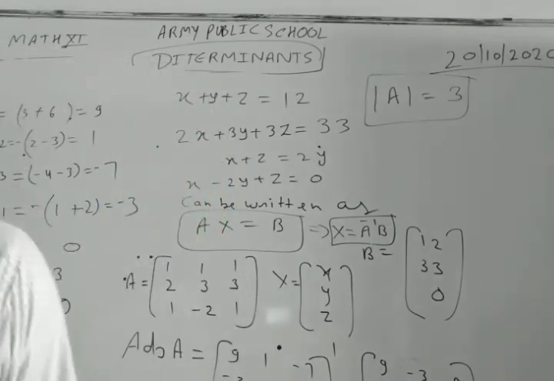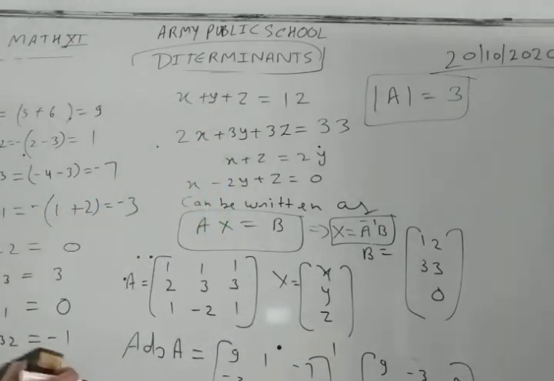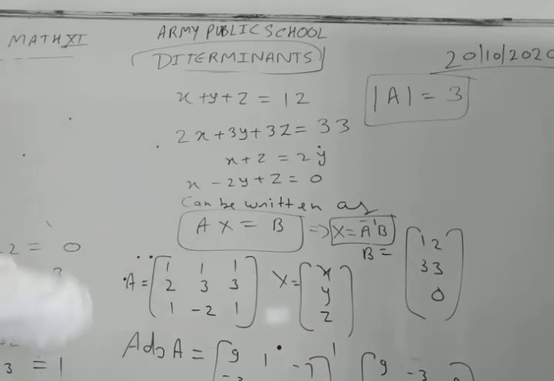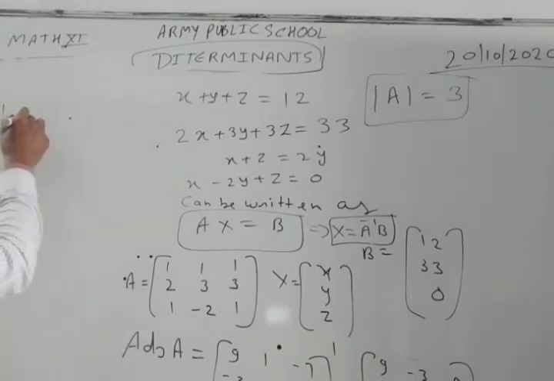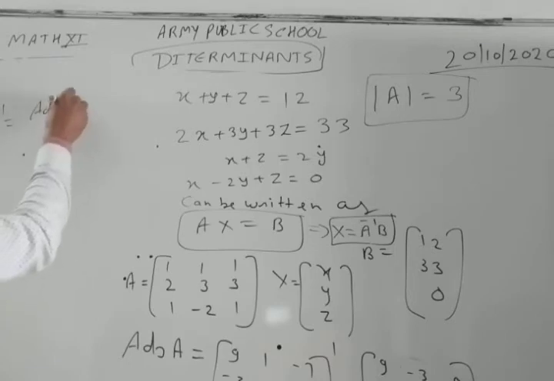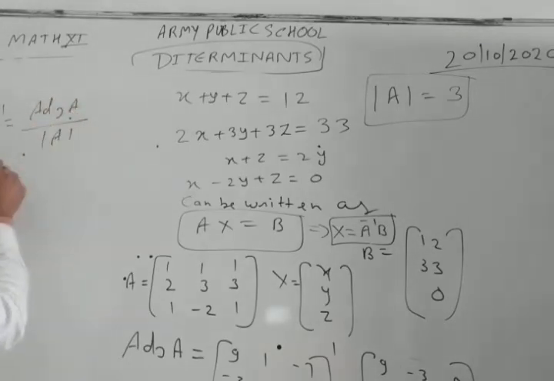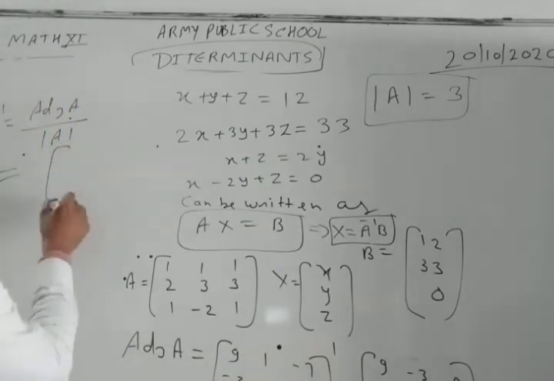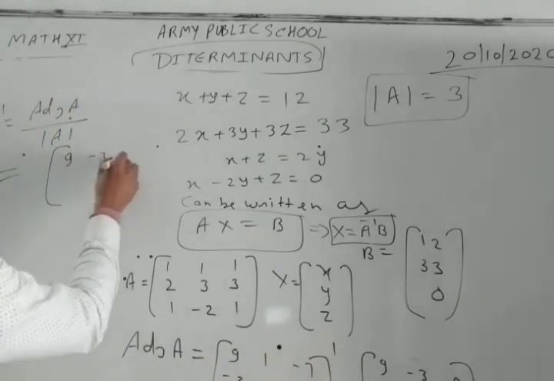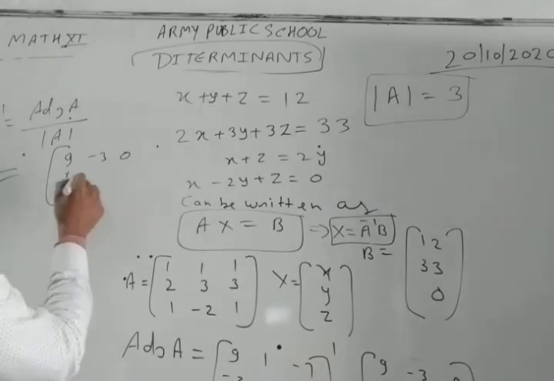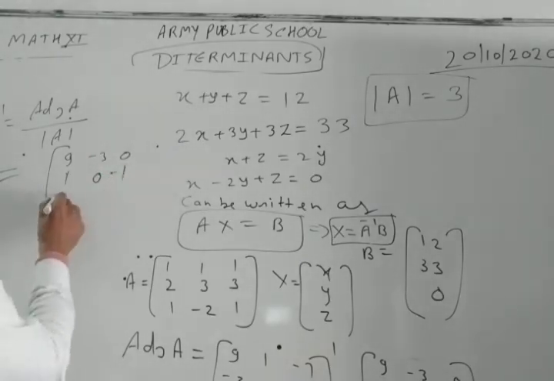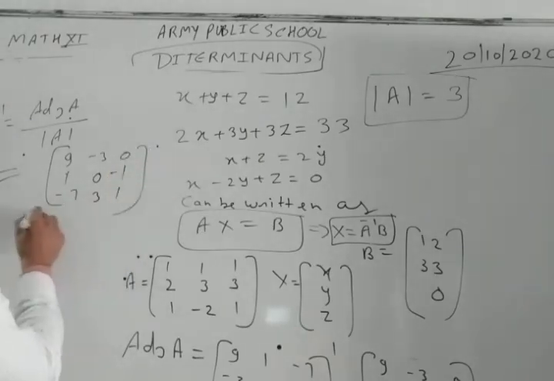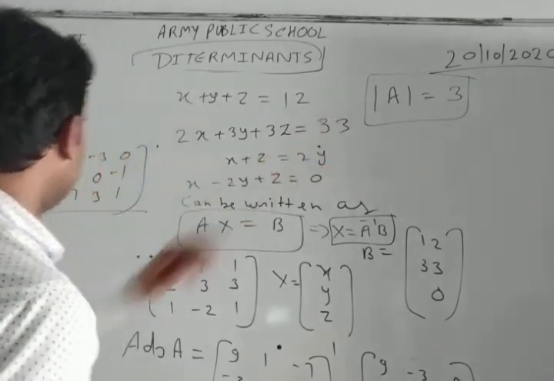Now we will find our A inverse. A inverse is the adjoint of A upon the determinant of A. The adjoint of A is 9 minus 3 0, 1 0 minus 1, minus 7 3 1, and the determinant of A is 3.